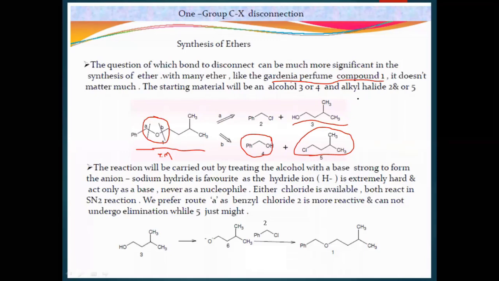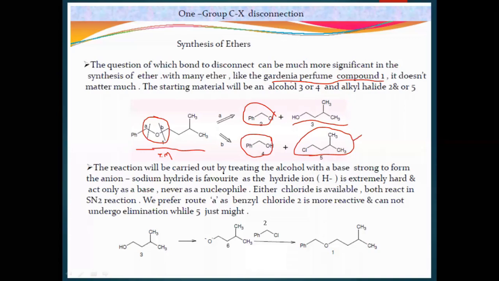Now you need to consider certain aspects and design the synthetic protocol in such a way that you get this target molecule during the synthesis. The starting material will be alcohol 3 or 4, or else you may have alkyl halide 2 or 5. Path A will generate this starting material alkyl halide, and path B will generate this alkyl halide.